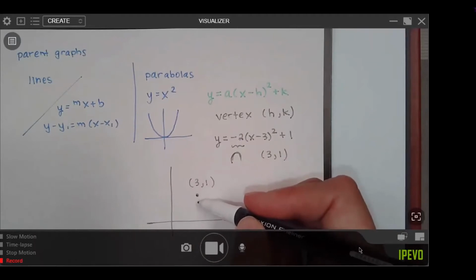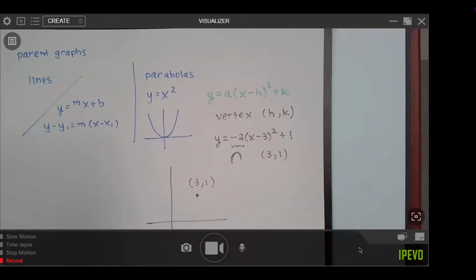Now there's one little piece to this. If I'm trying to be pretty accurate with this, then it does kind of matter whether it's going to spread out and have a negative x-intercept and a positive x-intercept, or if both of those x-intercepts are going to be positive numbers.